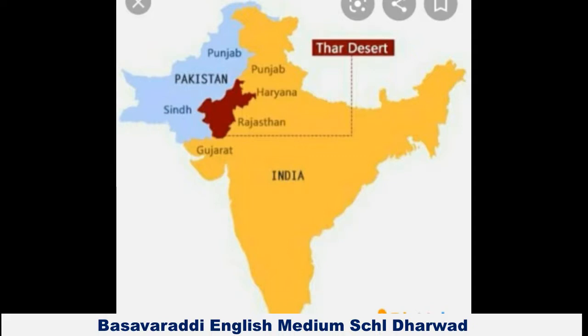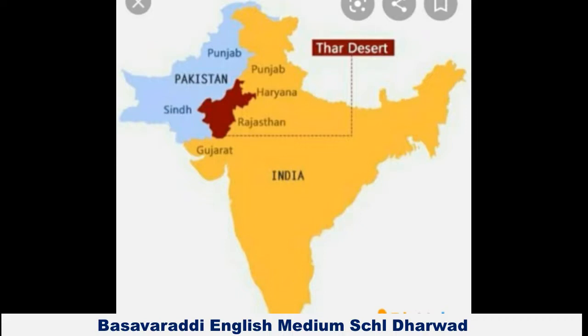Here, the climate is unfavorable. These regions are sparsely populated. There are mainly two types of deserts: one is hot desert, another is cold desert.